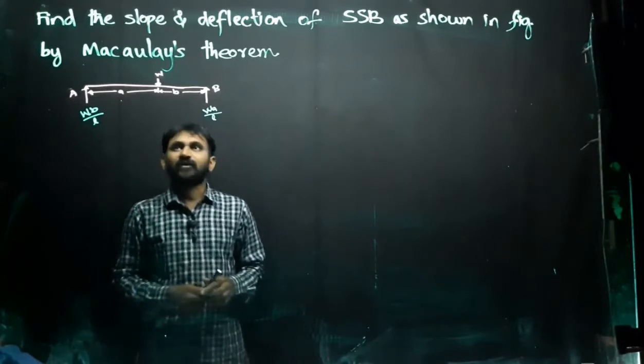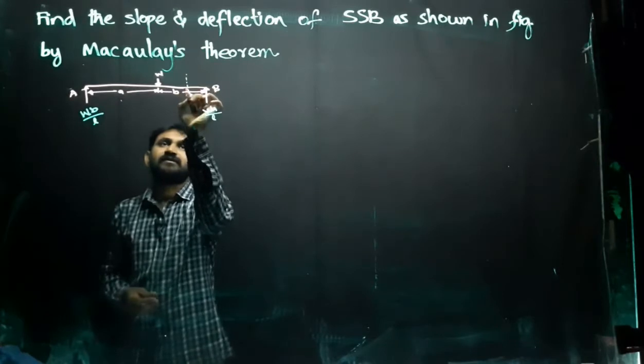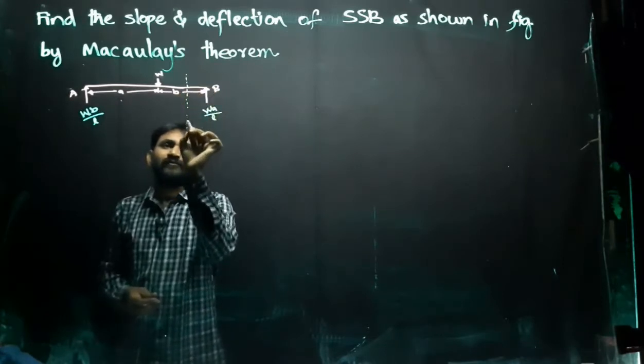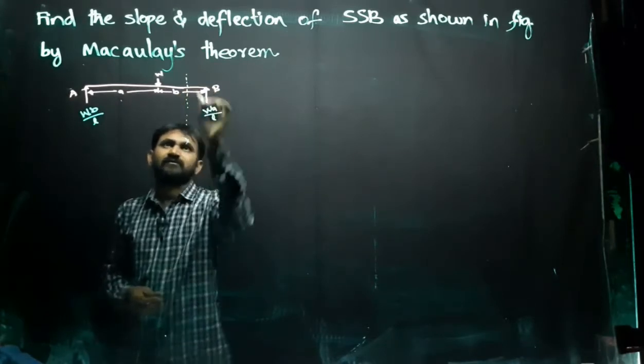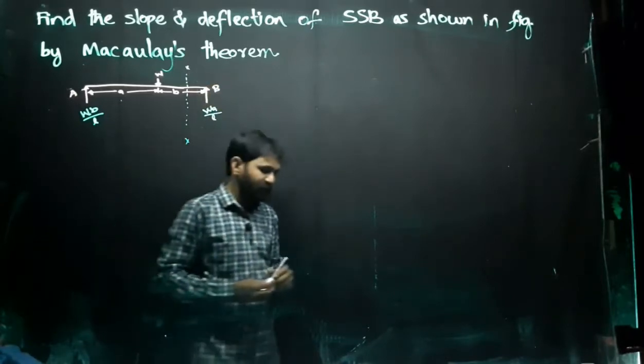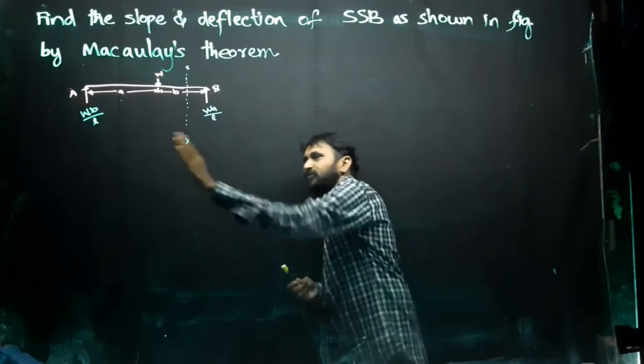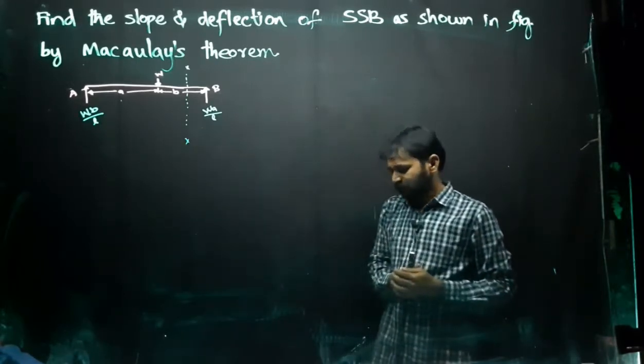So first of all, in Macaulay's method, as we have seen in the previous class also, for example this will be my section XX. At that point I have to consider my forces and solve it.